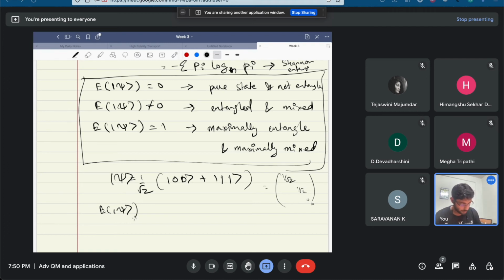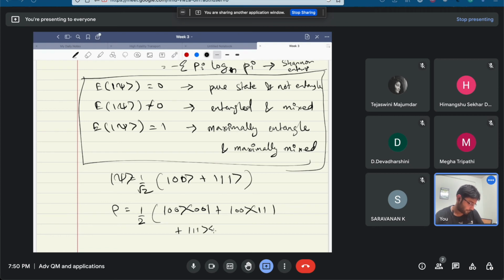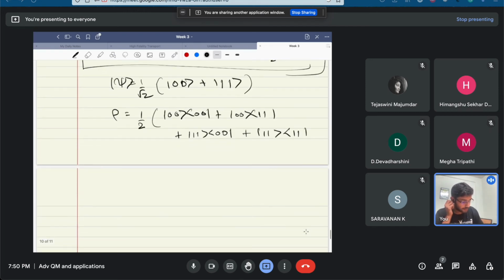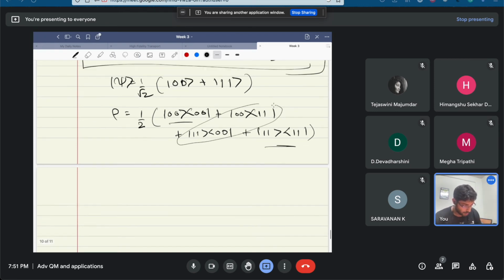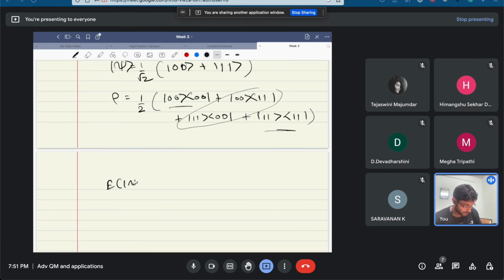First of all, this is not a square matrix, so you have to first find the row, which is 1 by root 2, 0, 0. You can see that these two are the diagonal ones and these are the off-diagonal ones. We only take the probability for the diagonal ones. The off-diagonal ones are the coherence terms, and we take the probability of the population terms. So to calculate E of psi, you have half for both: half log base 2 of half, minus half log base 2 of half.